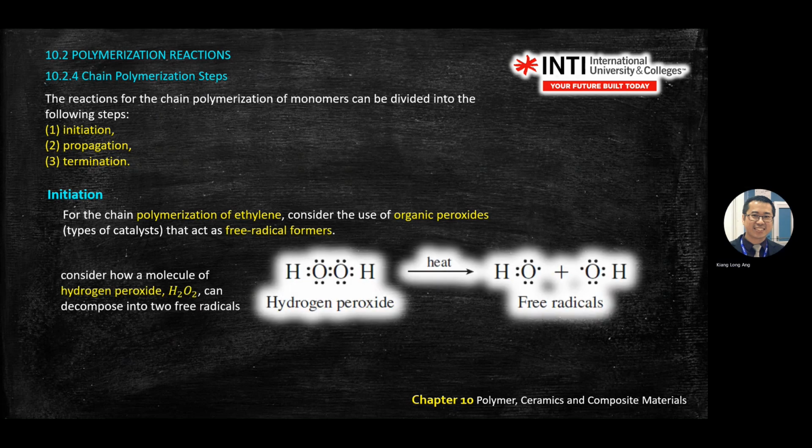Okay. So how about the initialization step? Let's say, this is another example: hydrogen peroxide, H2O2. It is a catalyst. You need a radical, you need a catalyst to start the process. In H2O2, you know that H is 1, and oxygen you have 2.